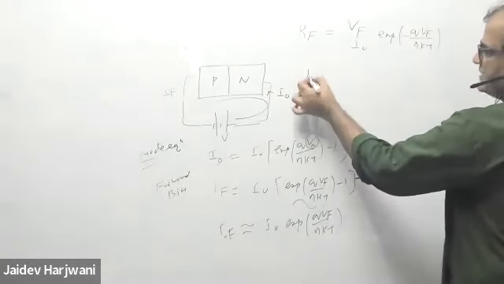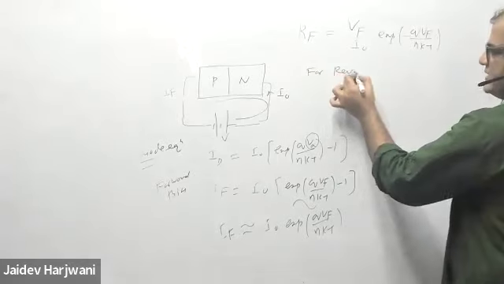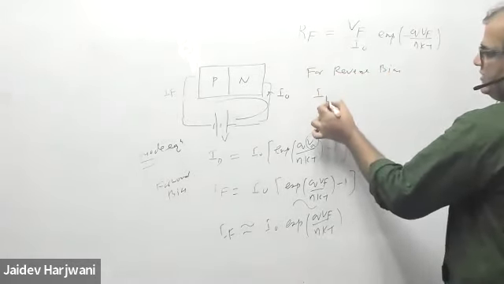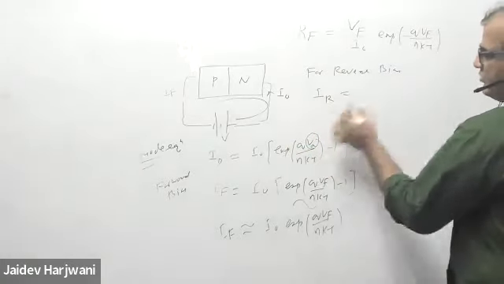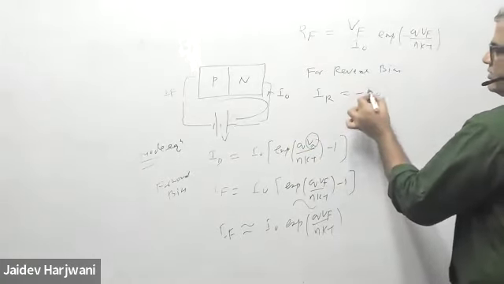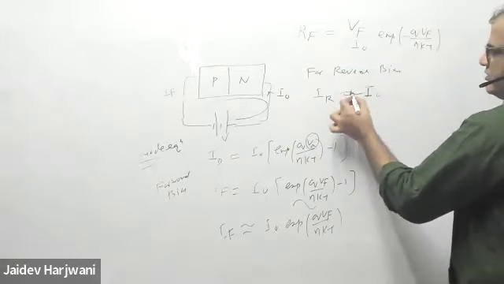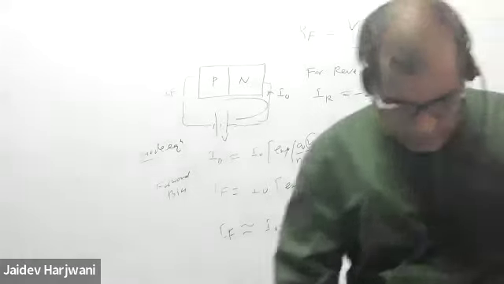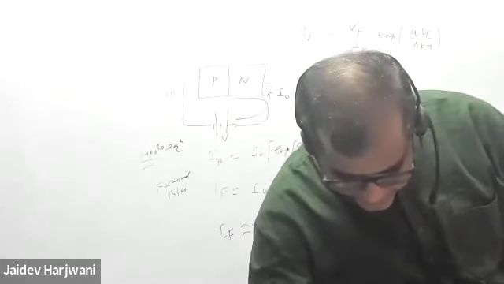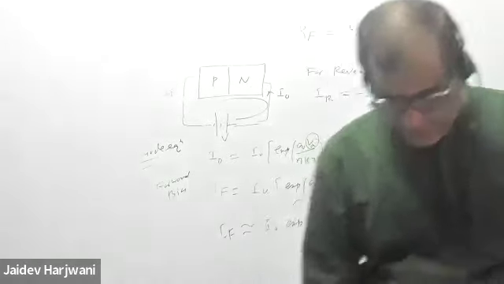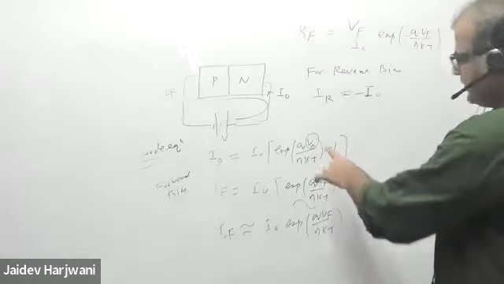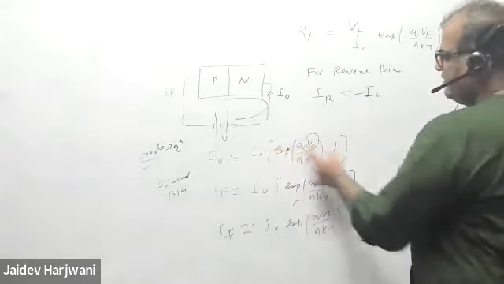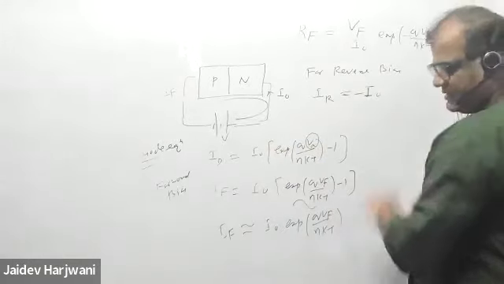So for reverse bias, my I reverse is just equal to minus I naught. Because the applied voltage is negative, the exponential becomes zero, so ideally I reverse will come minus I naught.